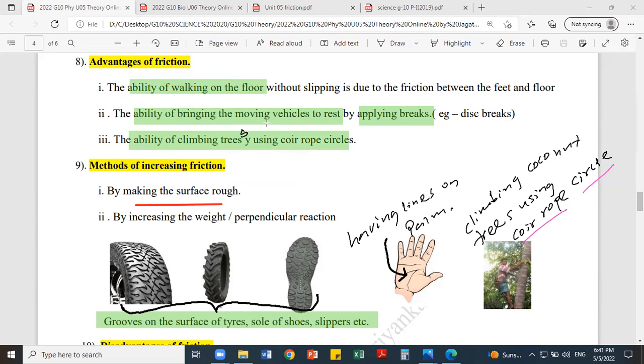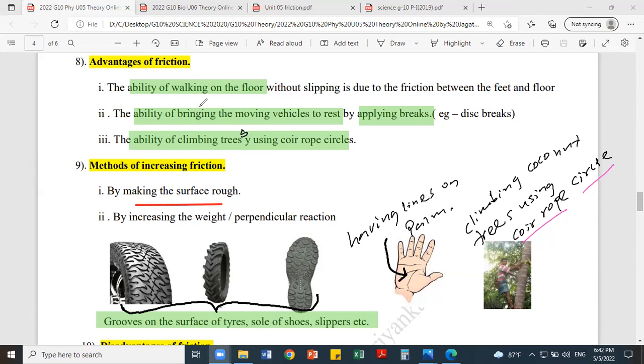If you apply brakes on a rainy day, sometimes the brake might not work because the vehicle will slip and might go out of the road and cause accidents. If there is grease or oil on the surface, you can imagine that even if you apply brakes, you can't stop the vehicle, it will go out of the road and can cause accidents. Therefore, friction is advantageous in these cases.